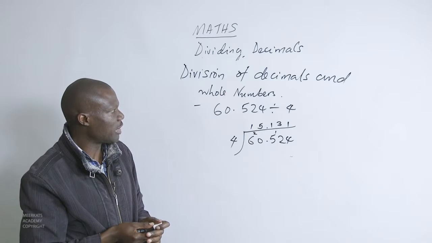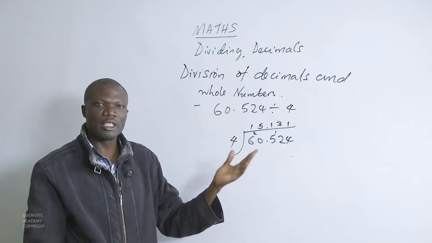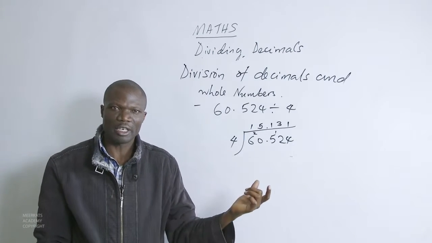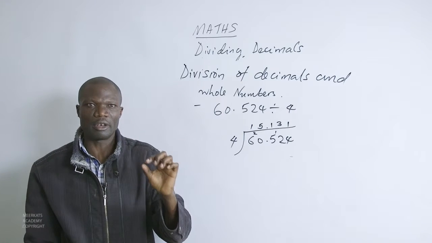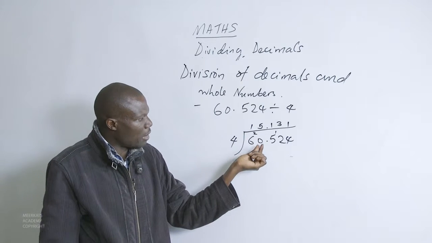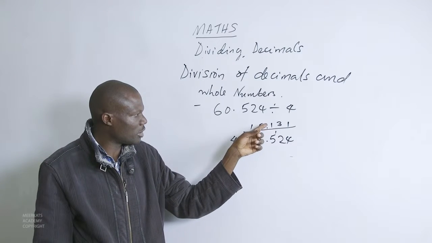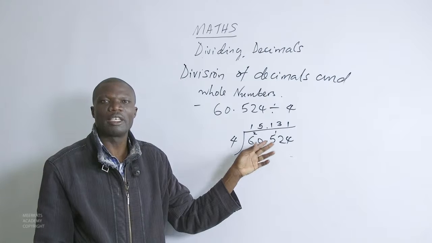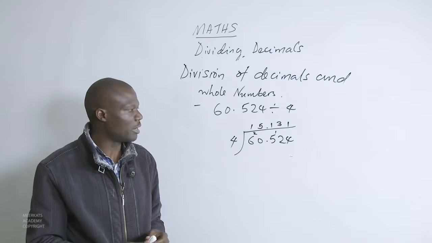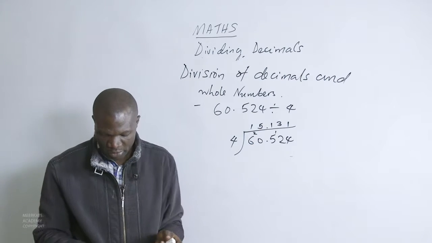So what we are saying is that the division takes place just like the ordinary division of normal numbers, but the decimal positions of the quotient and of the dividend are in the same line. That's what we normally consider.